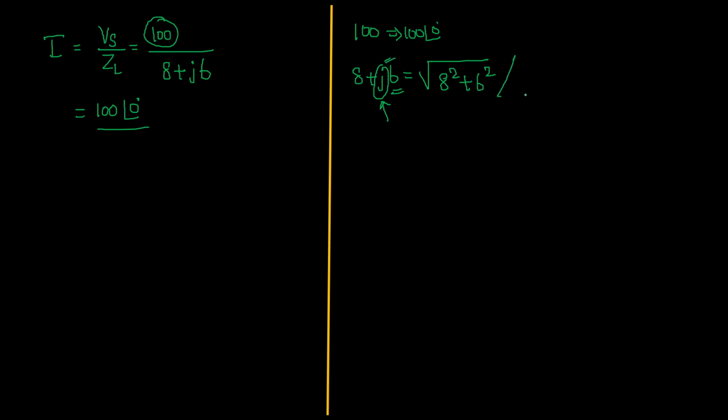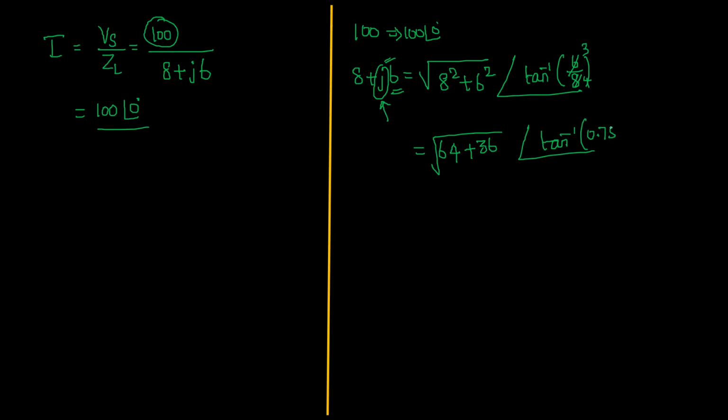And how will you calculate the phase angle? Tan inverse of the imaginary value divided by the real value. If you observe, 8 square will be 64, 6 square will be 36, square root of 64 plus 36. For the angle, tan inverse of 6 by 8, reducing it, 3 by 4, or I can say 0.75.